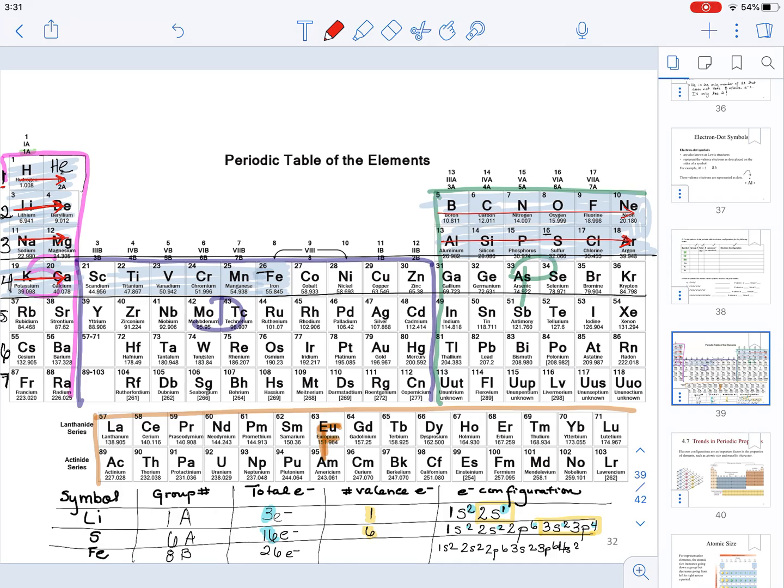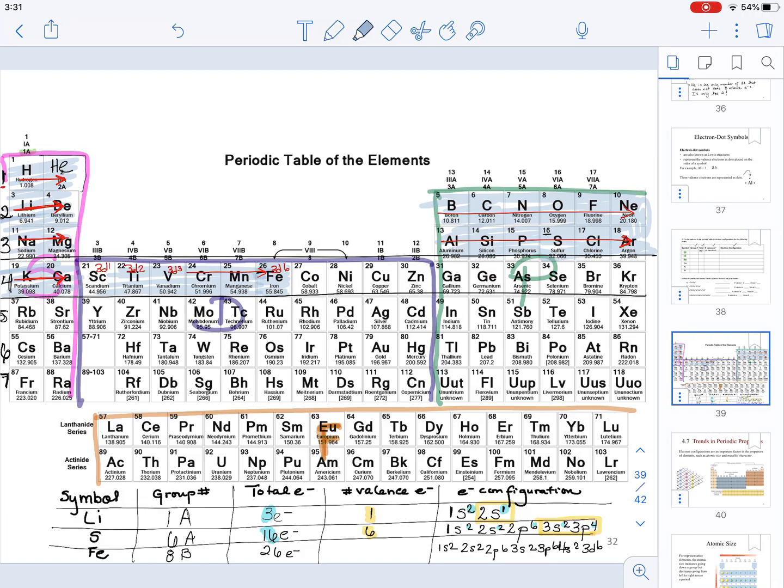And once I get to the D, remember, even though they're in row number 4, here we start 3d1, 3d2, 3d3, all the way here, which is 3d6. Okay, that's the electron configuration for iron.